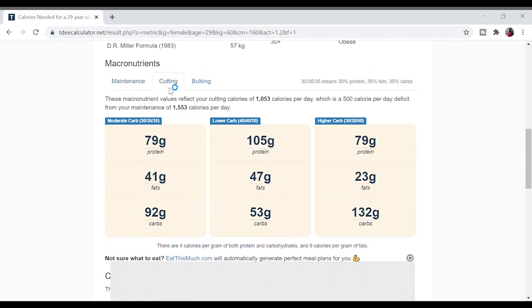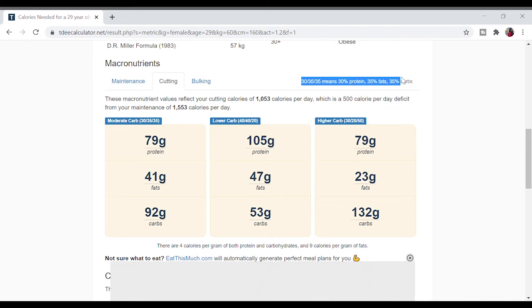But if you're looking for weight reduction, then you will have to take calories of 1053. Okay, you're going to create a 500 calorie per day deficit by eating this much calories. It means you're going to lose 1 to 1.5 kgs per week if you eat 1053 calories. So your requirement for protein, fats and carbs, everything changes once you change your calories per day.